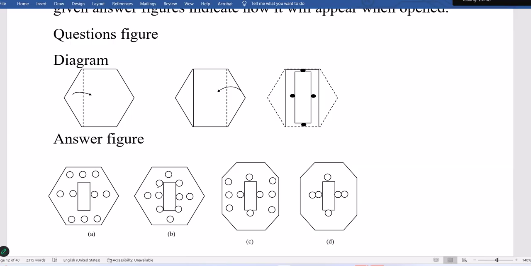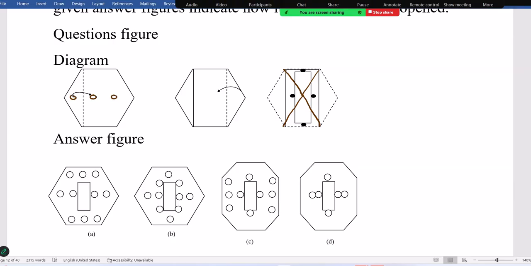When you unfold, see, this is cutting to this part. This is this part. So what will happen? This circle, okay, here one more, but above will not disturb, only one. Above and below one only.